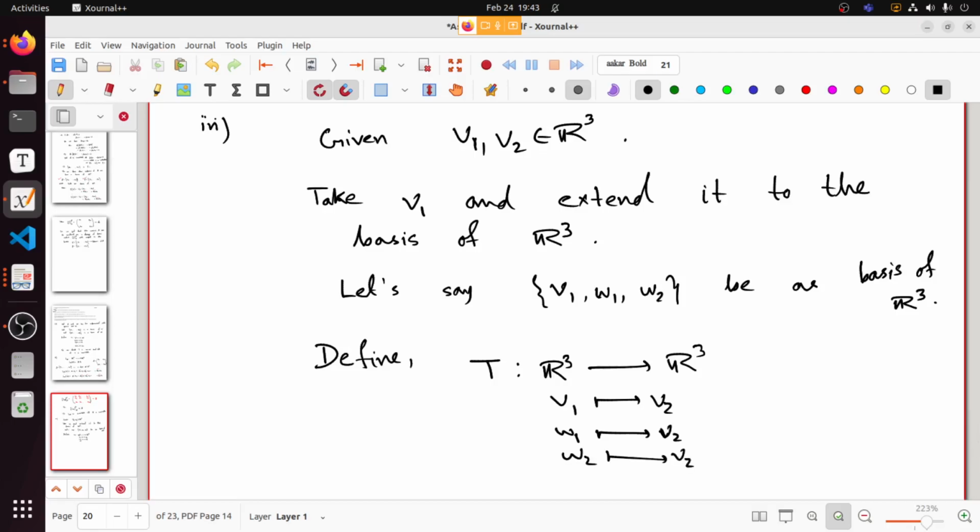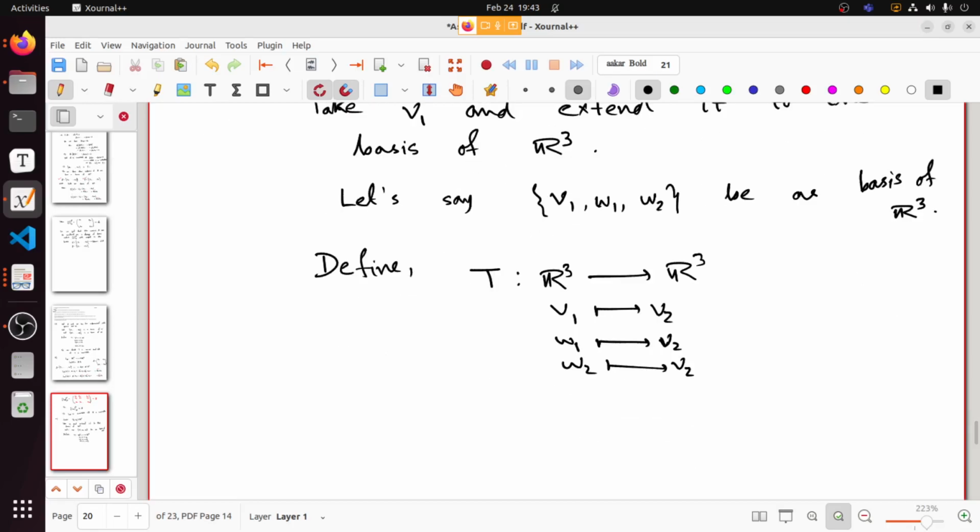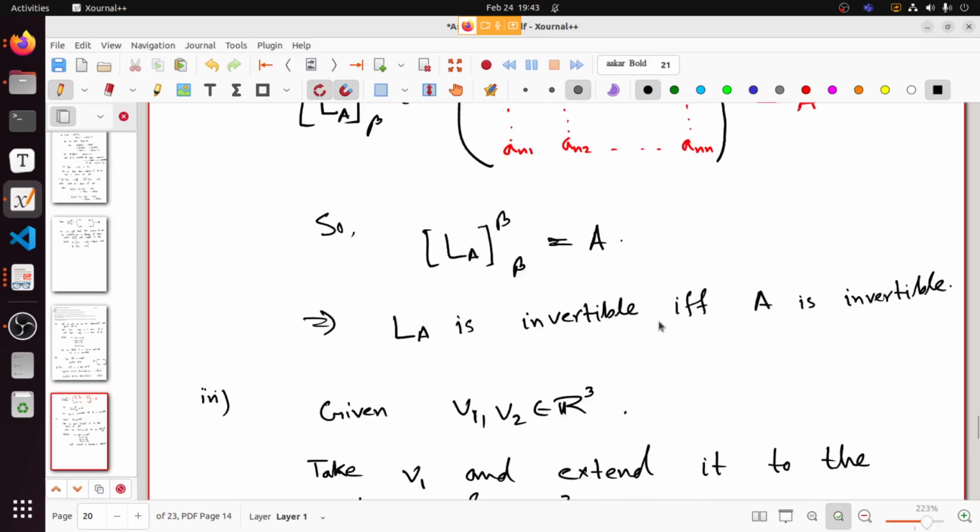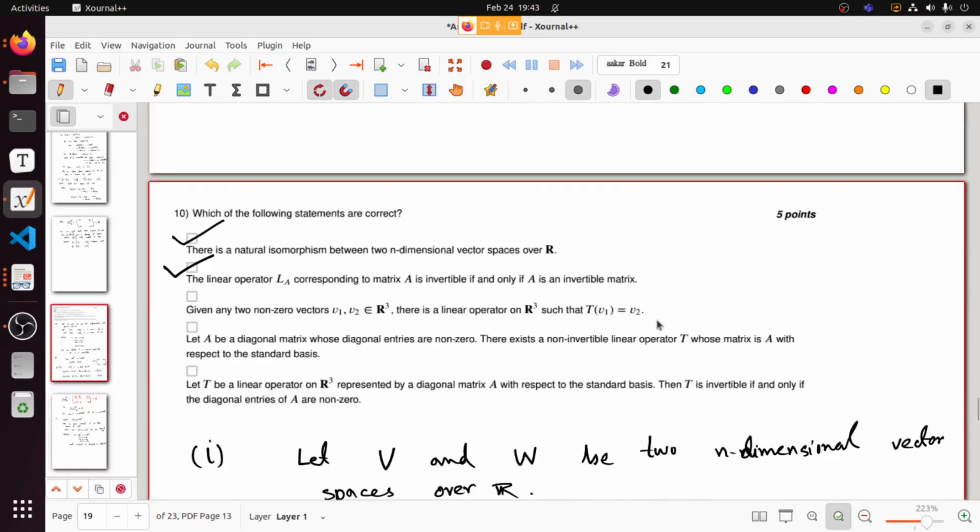And you can check that this is a linear map, and extend it linearly to the whole of R3, right? So we get a linear transformation which maps v1 to v2. So option number 3 is also correct, right?